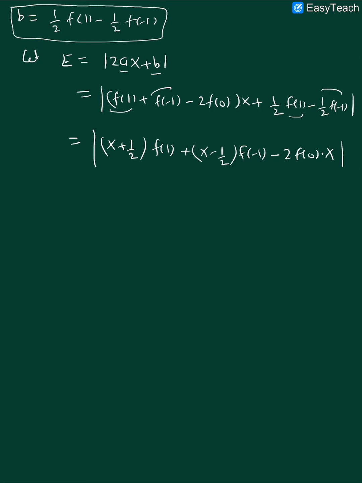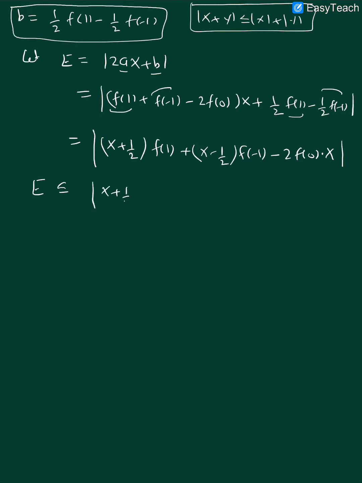Okay, since we have to maximize the expression, I am going to use the triangle inequality here. We know that the triangle inequality is what? Mod of x plus y is always less or equals to mod of x plus mod of y. This result is known as triangle inequality, and I am going to use it on this mod function.